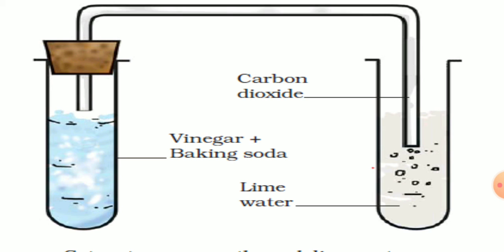After starting the reaction in the left side beaker, carbon dioxide gas will be produced, and it will pass through the pipe and through the lime water. Then what will you observe? You will observe that the lime water becomes milky due to the formation of calcium carbonate.